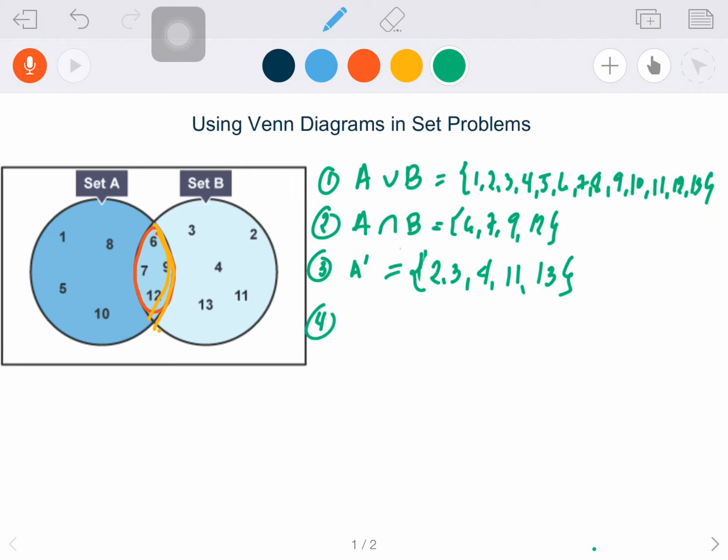Now what about if you're asked A minus B? If we're going to shade that region, it actually refers to these elements right here. So A minus B is actually 1, 5, 8, and 10.